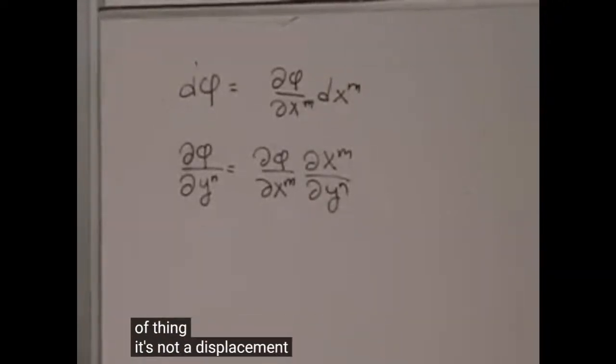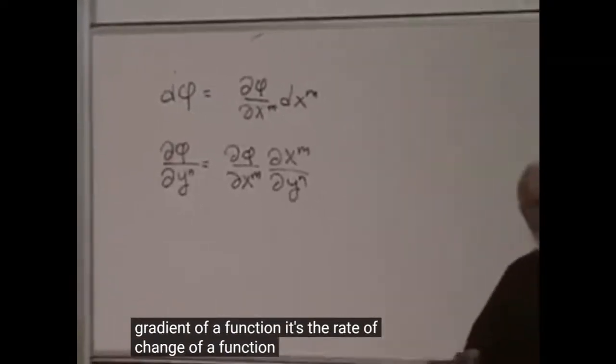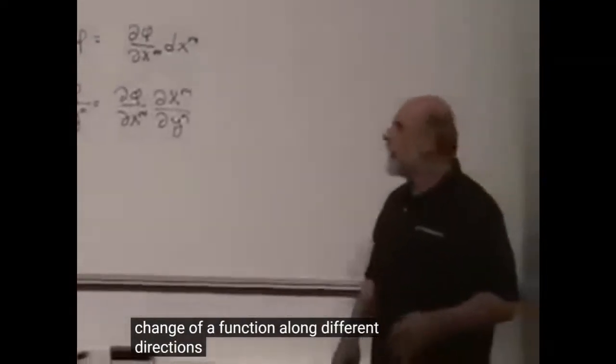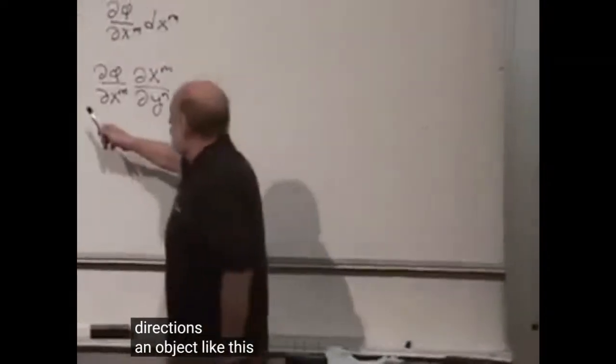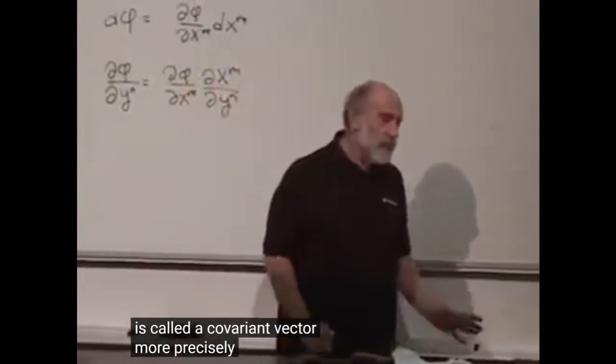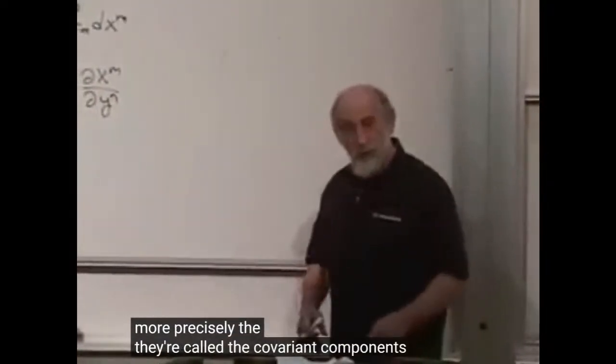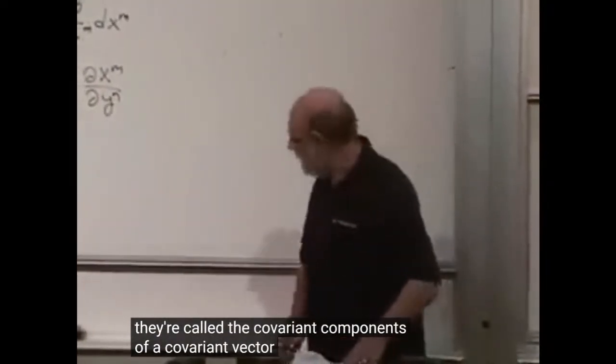It's not a displacement, but it's the gradient of a function. It's the rate of change of a function along different directions. An object like this is called a covariant vector. More precisely, they're called the covariant components of a covariant vector.